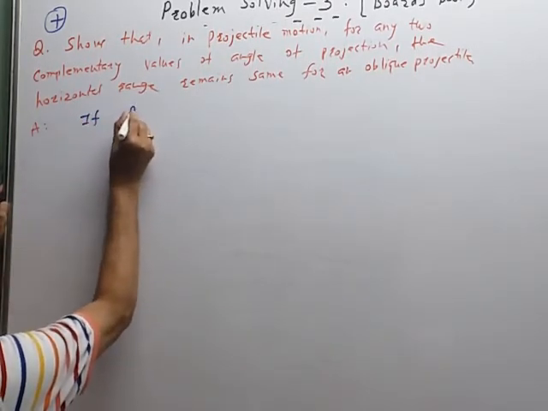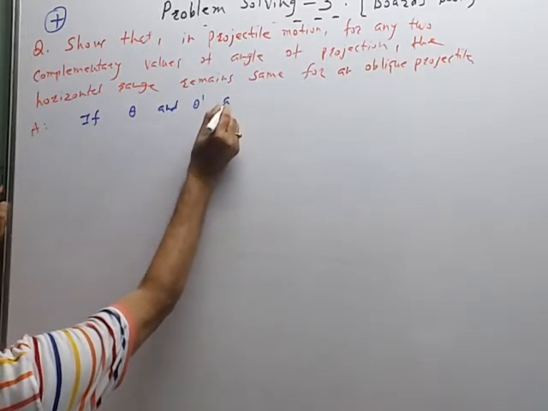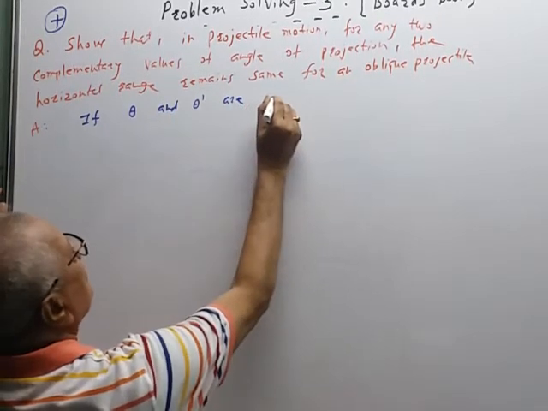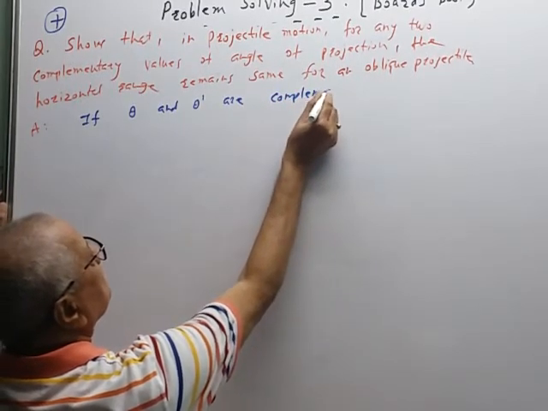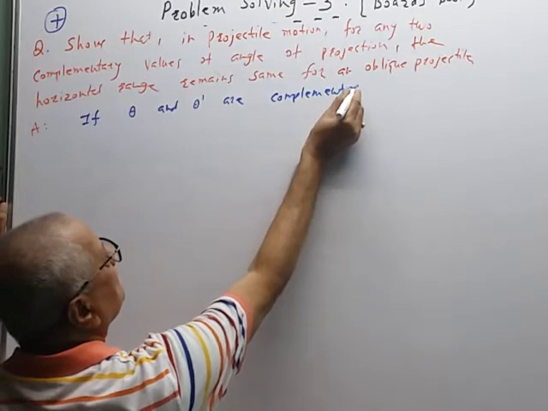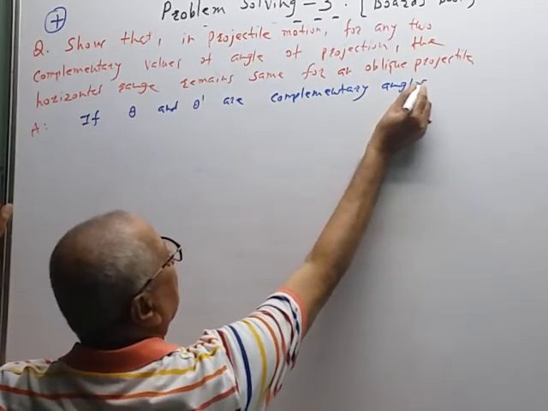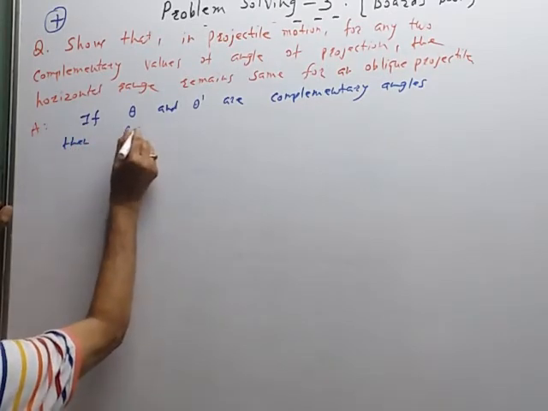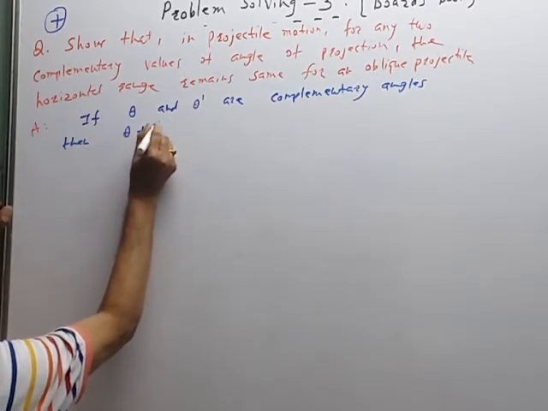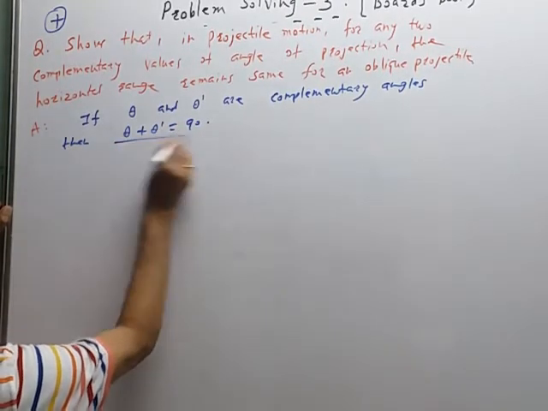If theta and theta dash are complementary angles, then we know this property from mathematics: theta plus theta dash is equal to 90 degrees.